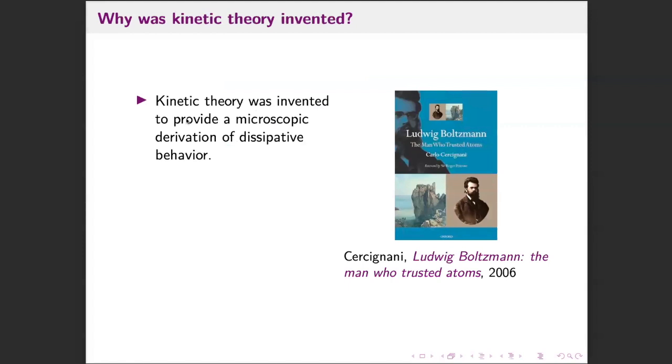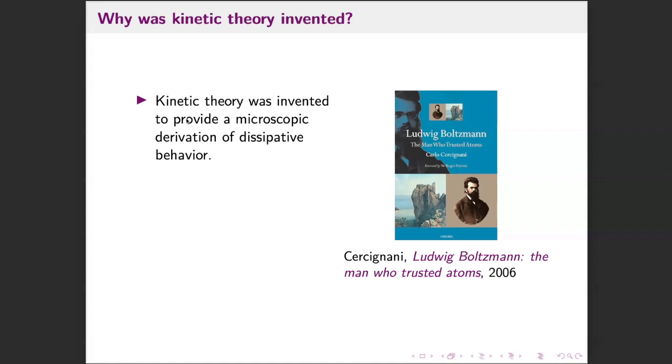And more generally, I want to go back to the question of why kinetic theory was even invented. In the 19th century, people had all these thermodynamic laws, but they never really understood how they emerged microscopically. And that's how Ludwig Boltzmann came into play, and he found this microscopic origin.